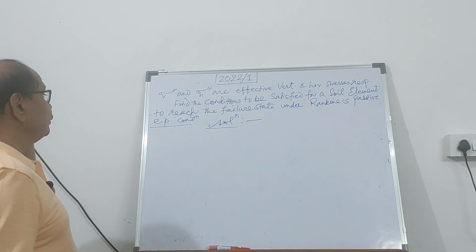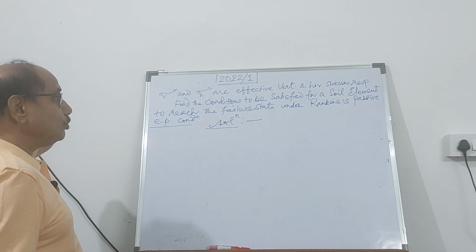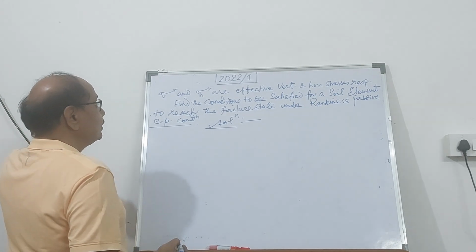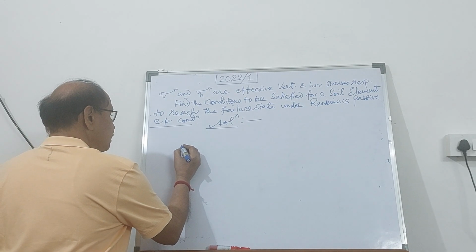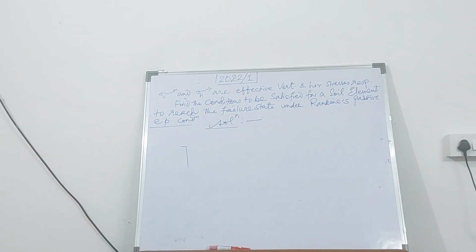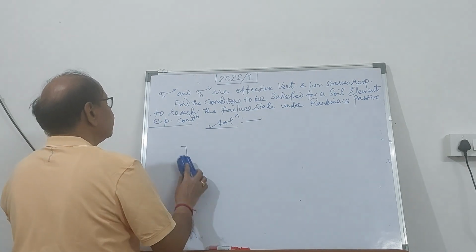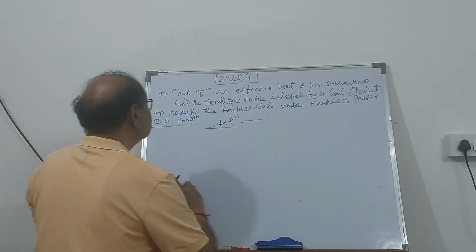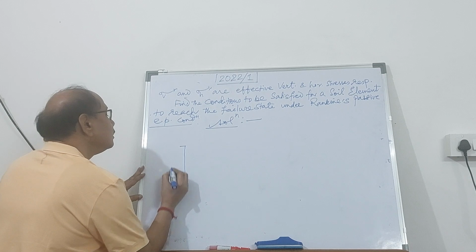Sigma V prime and sigma H prime are given to you as the effective vertical and horizontal stresses, and it is in Rankine's. So in Rankine's you have a wall, the back of which will be smooth and vertical.